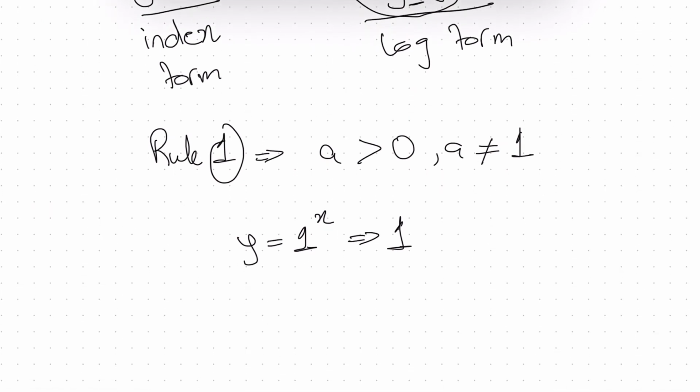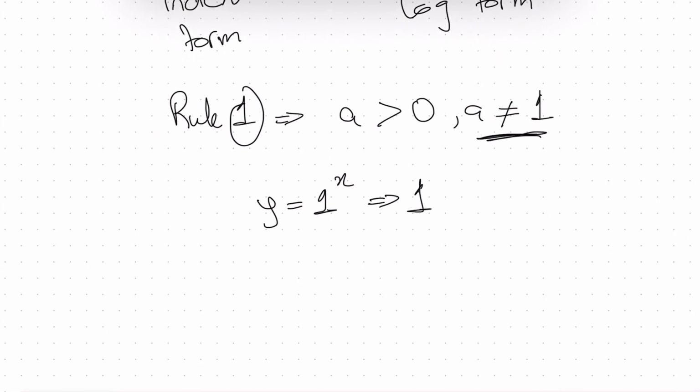Okay, and basically, for infinite values of x, I'm just getting one single answer. So that's why we don't really use a equals to 1. So that's why a should not be equal to 1 and a should be positive.